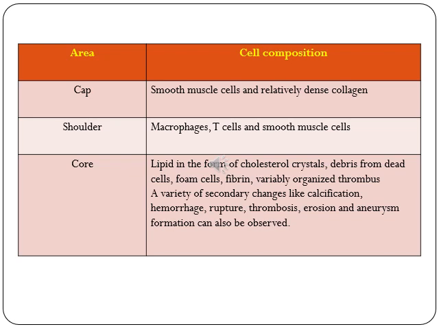There can be debris from dead cells, foam cells, fibrin, and variably organized thrombi, and at times there will be superimposed secondary changes on the plaque, in the form of calcification, hemorrhage, rupture of plaques, thrombosis, erosion, and aneurysm formation. All these can be observed in an atheromatous plaque. So these are the different cells which are located in different areas of an atheromatous plaque.